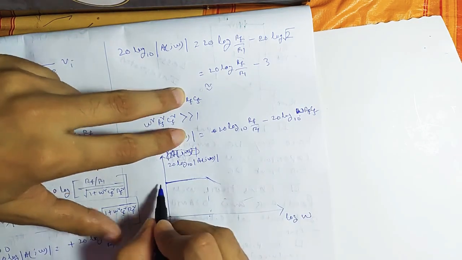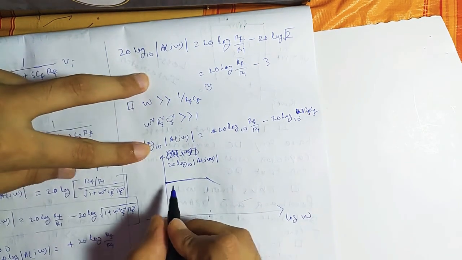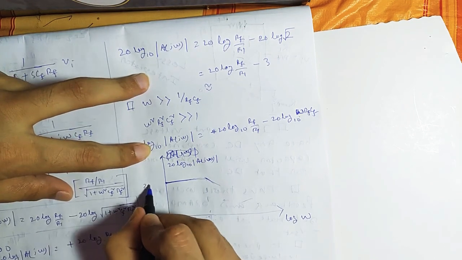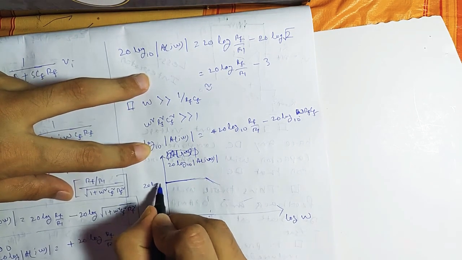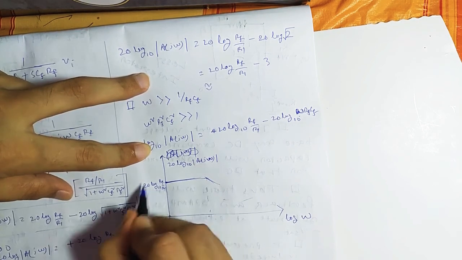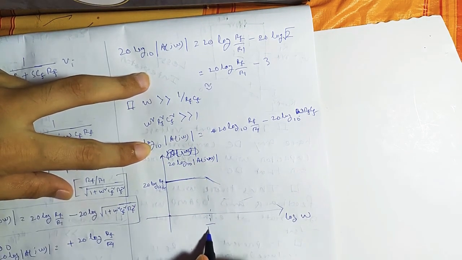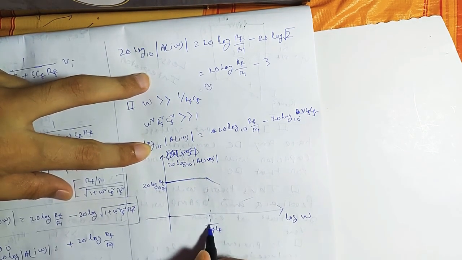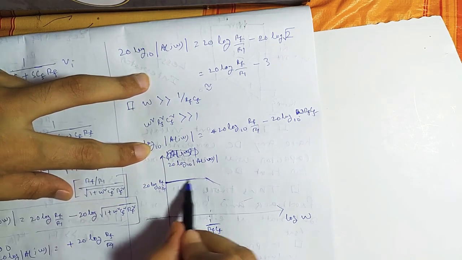So this maximum value will be 20 log 10 Rf by R1, and up to 1 by Rf Cf it will be constant.